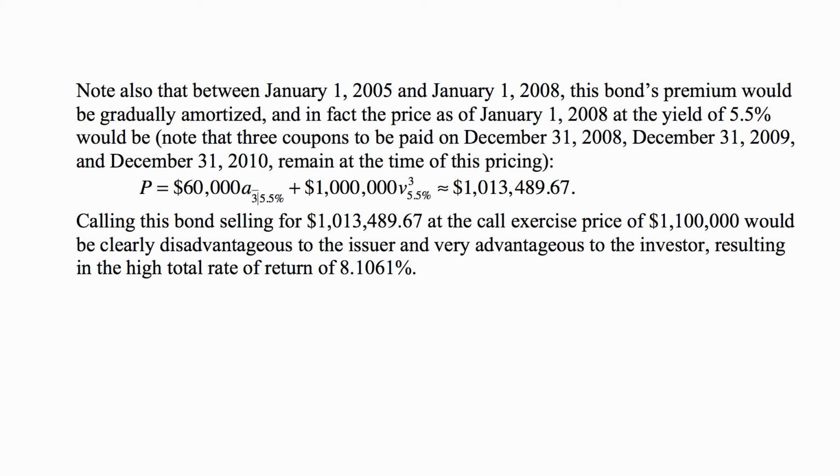So calling this bond, selling for this price, at the call exercise price of $1,100,000 would be clearly disadvantageous to the issuer and very advantageous to the investor, resulting in a high total return rate of 8.1061%.